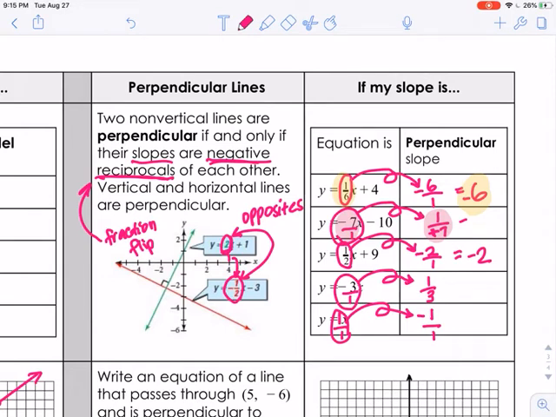So this should be equal to positive 1/7. I have a positive version here, so I should have a negative version here. I have a negative version here, so I should have a positive version here. And I have a positive version here, so I should have a negative version here. That was tricky. Sorry about that.